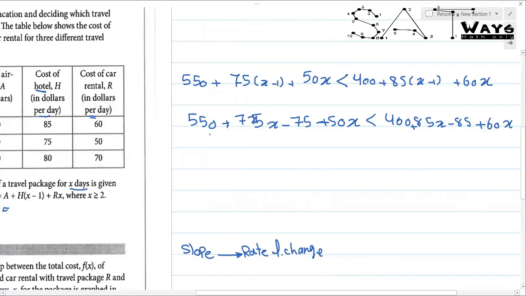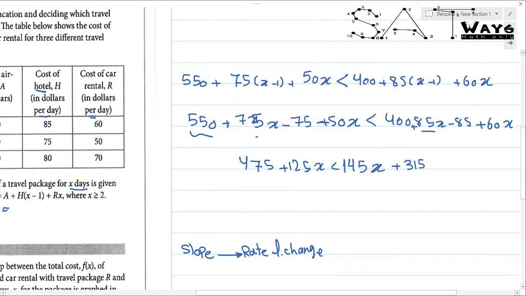Then let's collect like terms. 550 minus 75, which means it's 475. 75x plus 50x, which means it's 125x, less than 85 plus 60. This means 145x, and 400 minus 85, which means 315.